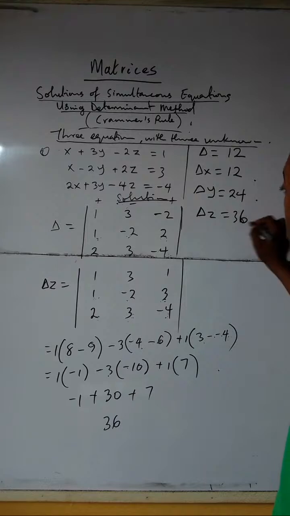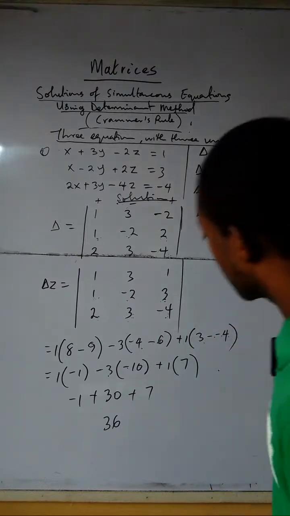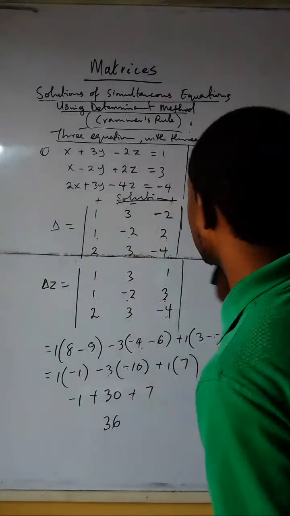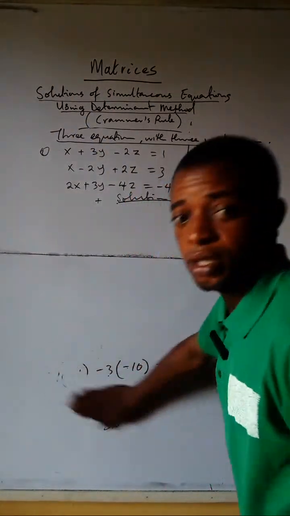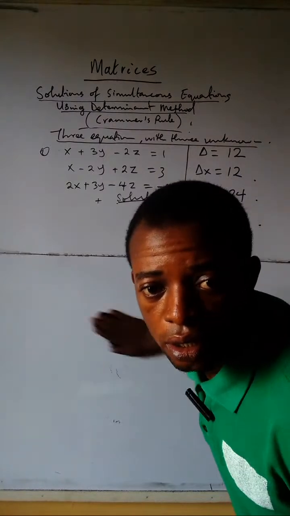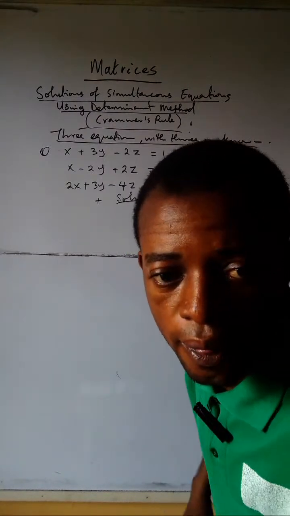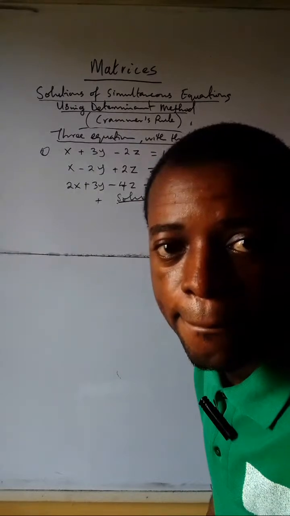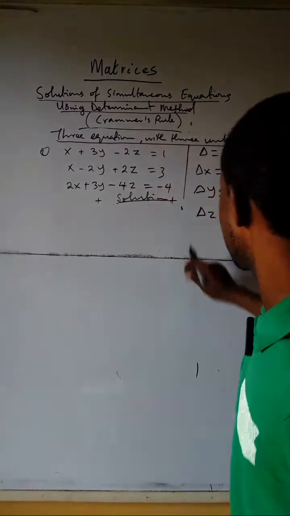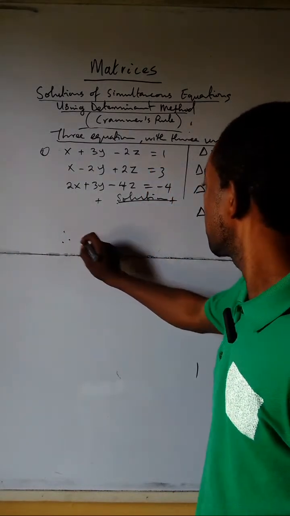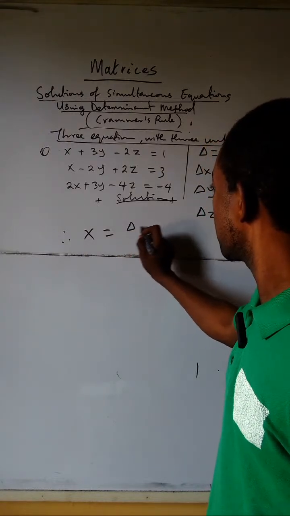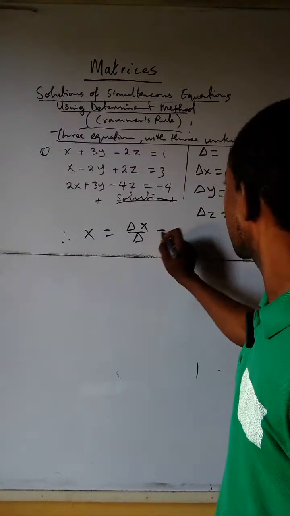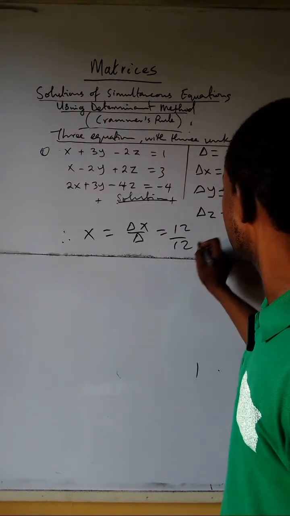Now, easily now we can conclude and say, therefore, very quickly, x will be equal to delta x over delta, which is 12 over 12, which is 1.